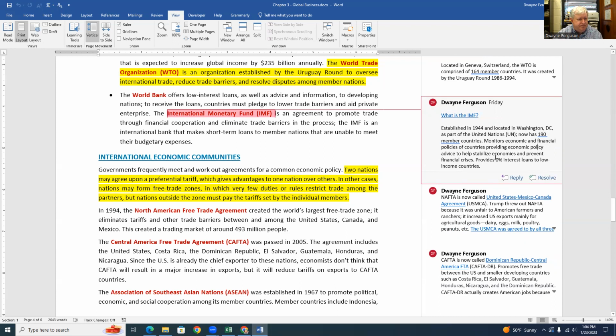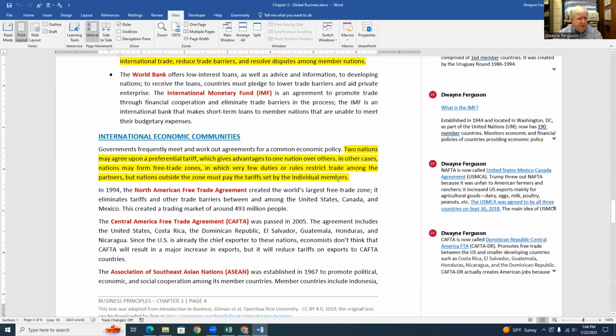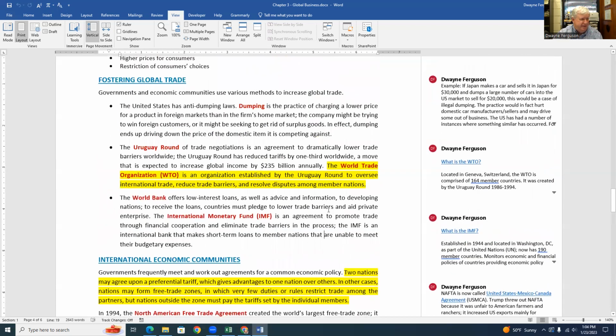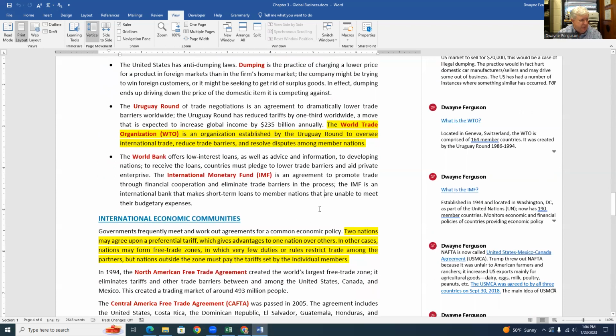So they may need funding to rebuild. They may need funding to be a part of trade, whatever. Anyway, the IMF is a place where they can get a loan. I usually don't put a lot about any of that stuff on the test, so that's why I skipped through it pretty quickly.